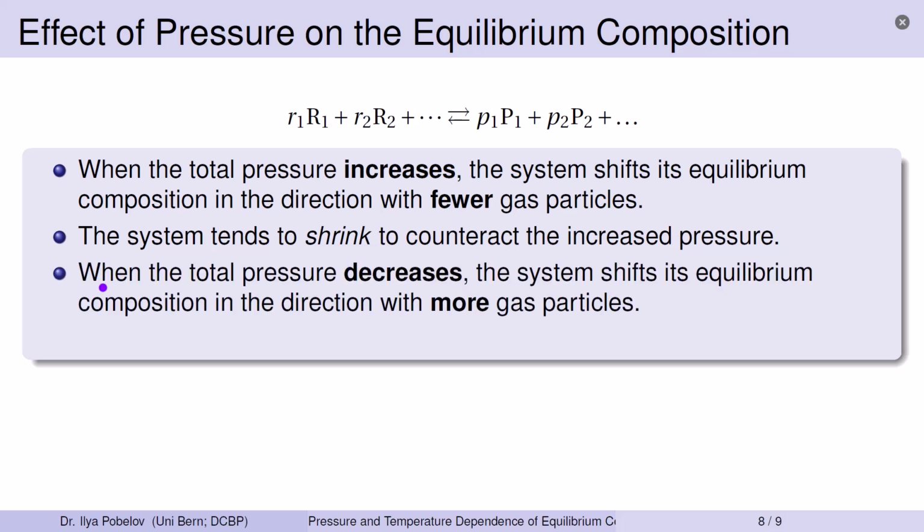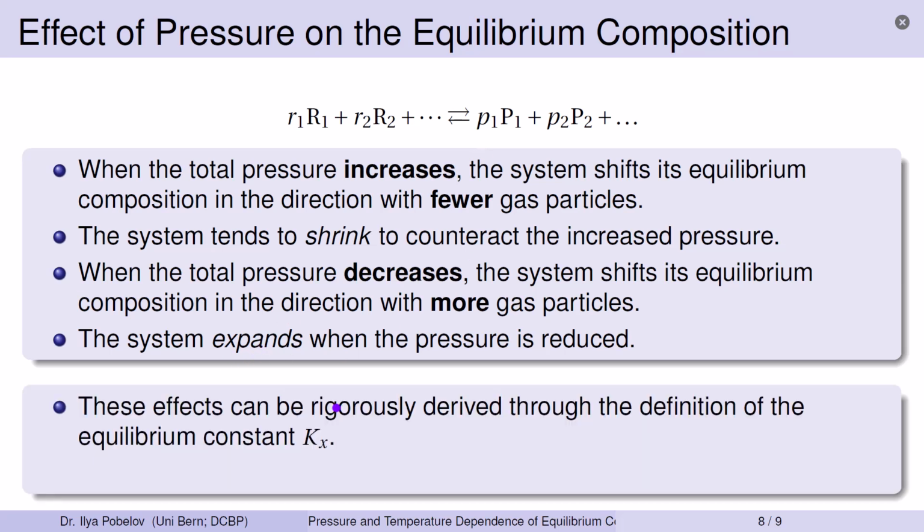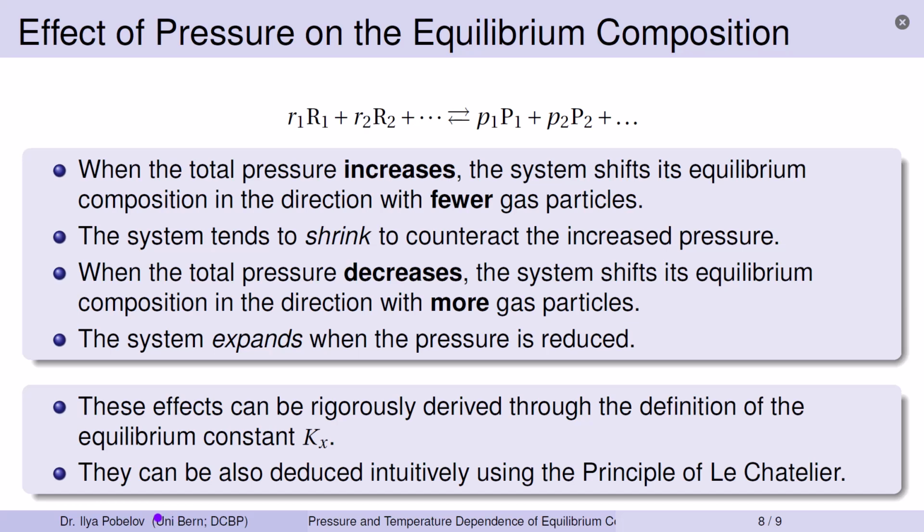On the other hand, when the total pressure decreases, the system compensates by moving the equilibrium composition towards the side with more gas particles, causing it to expand. These effects can be rigorously derived through the definition of the equilibrium constant Kx, but they can also be deduced intuitively using the principle of Le Chatelier.